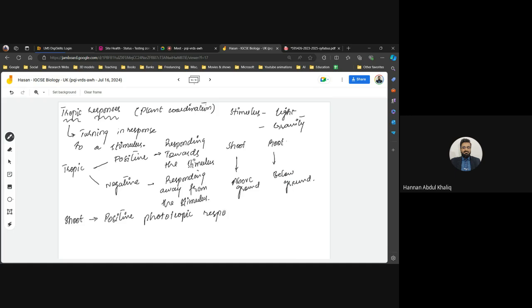What is the meaning of it? Positive means towards, photo means light, as in photosynthesis. Tropic means turning. A response in which the plant turns toward the light is called a positive phototropic response. Is that clear?